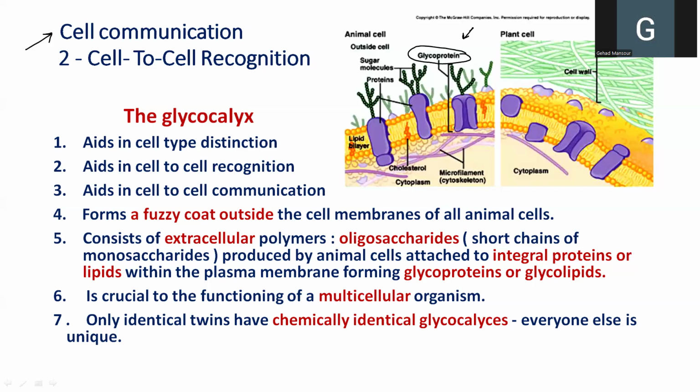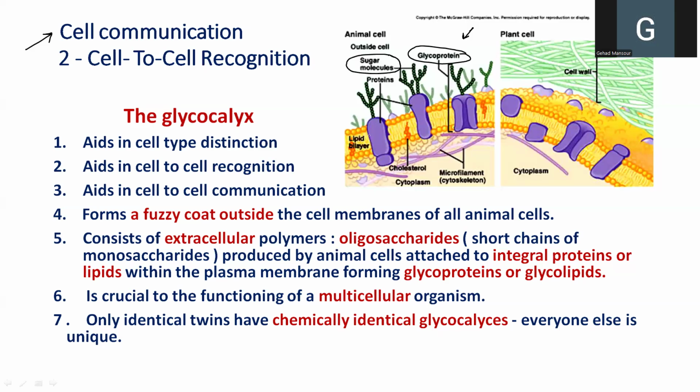They extend outside the cell membrane, and they consist of these purplish integral proteins, meaning that they span the thickness of the cell membrane, to which sugar molecules are added.